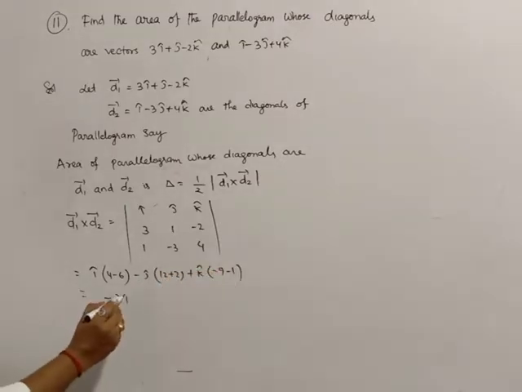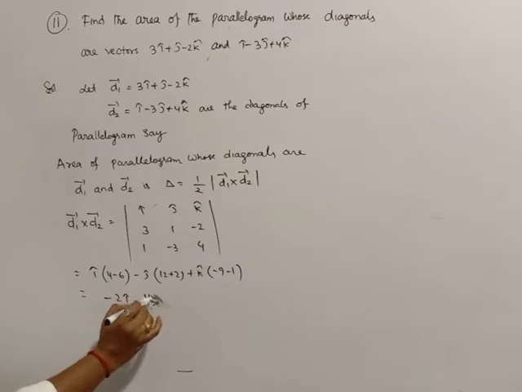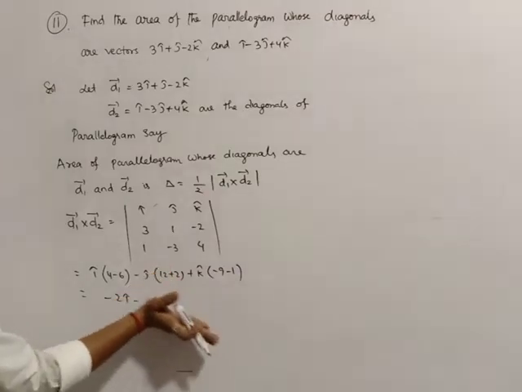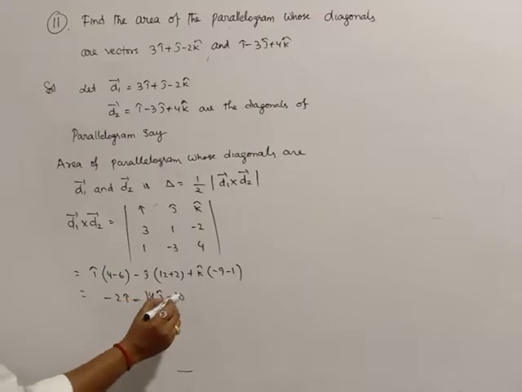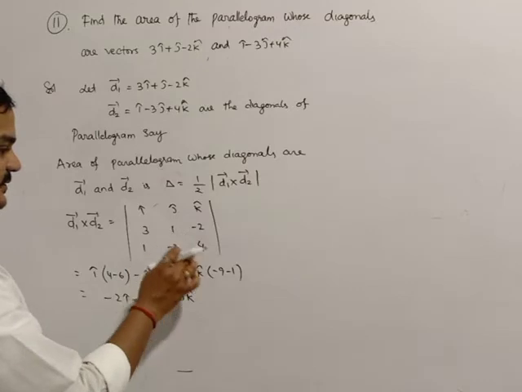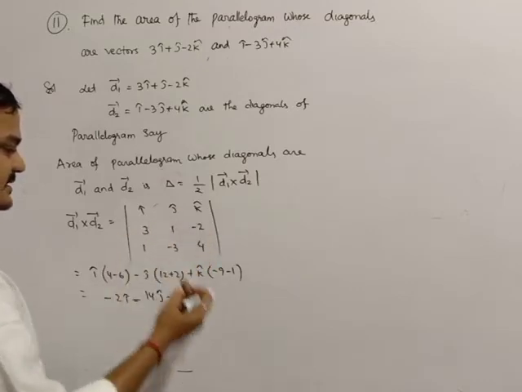That is minus 2i cap minus 14j cap minus 10k cap. This is d1 bar cross d2 bar.